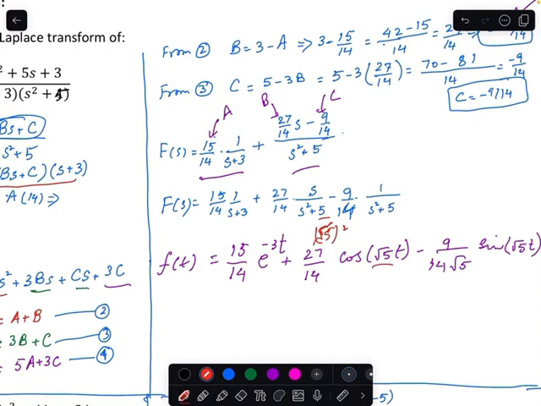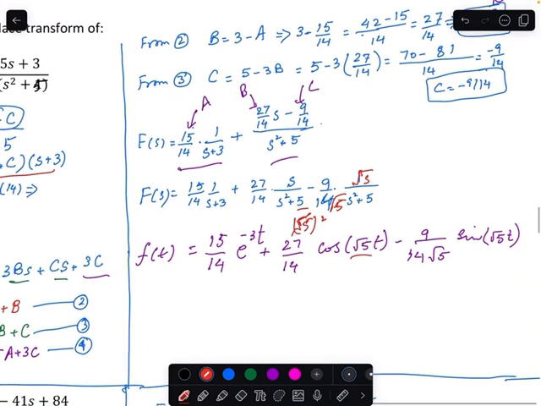For the last term, we need the square root of 5 up here, which requires that we put square root of 5 over here with the coefficient. So I end up getting 9 over 14 square root of 5 times sine of square root of 5 t. So this is the final answer.